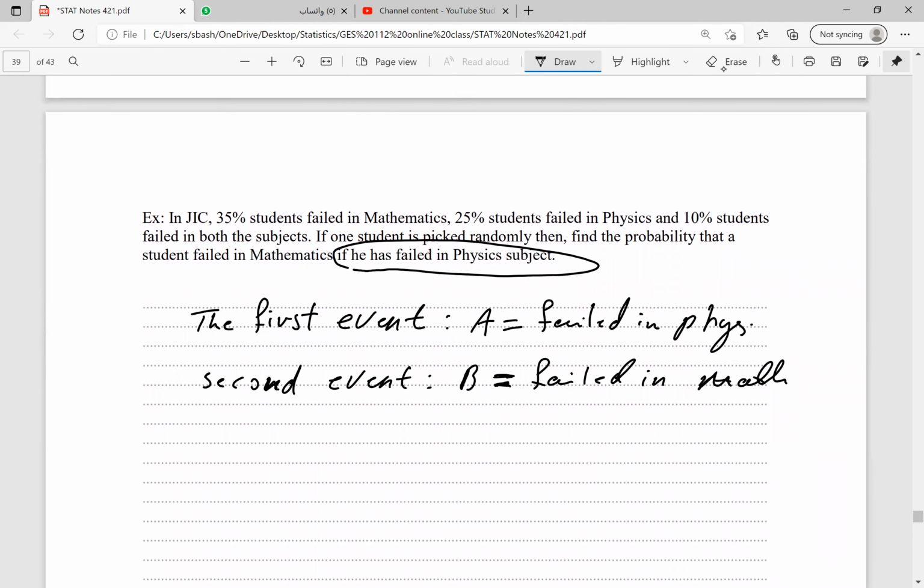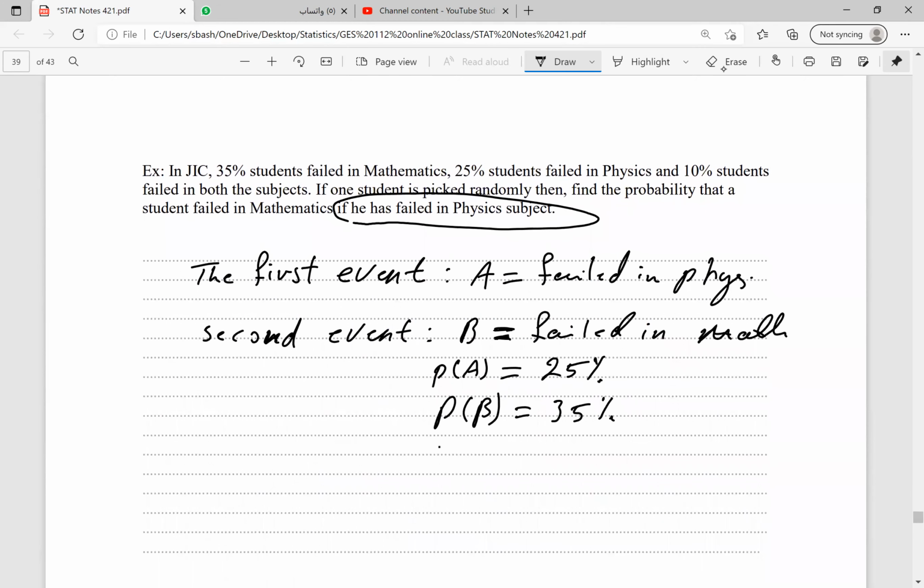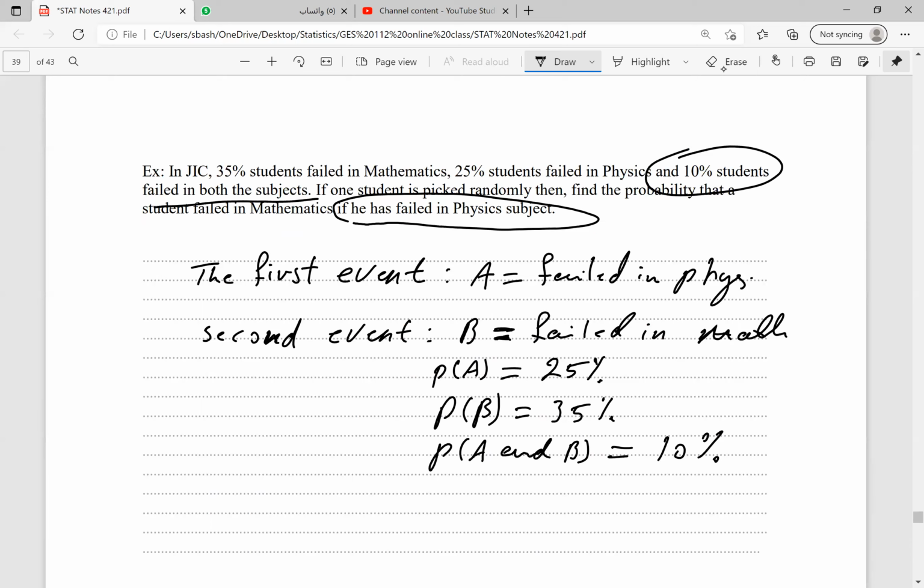And from the question we know P of A, which is failed in physics, is 25%. P of B is 35%. P of A and B is 10%, failed in both physics and math. They failed in physics and math is 10% of the students.